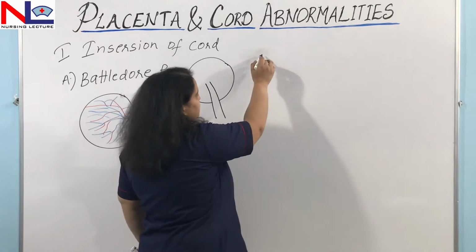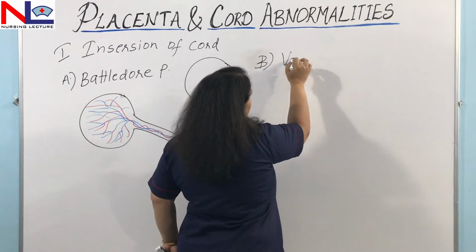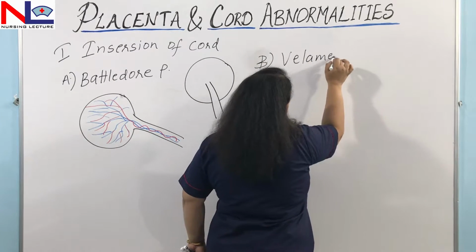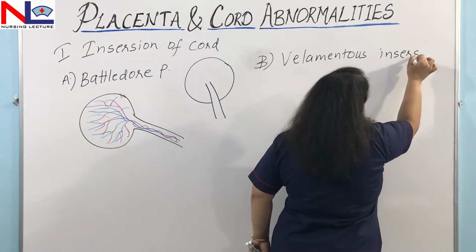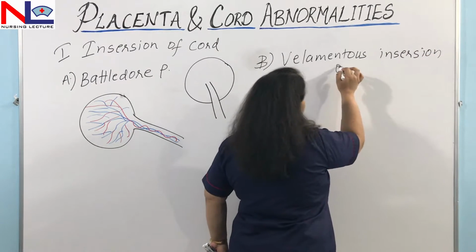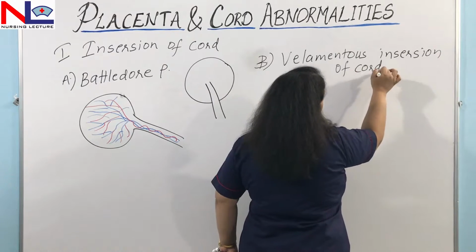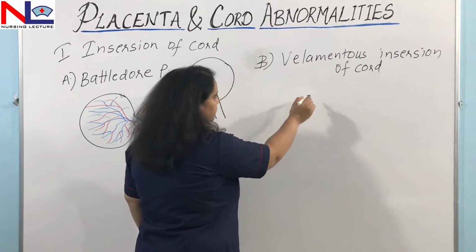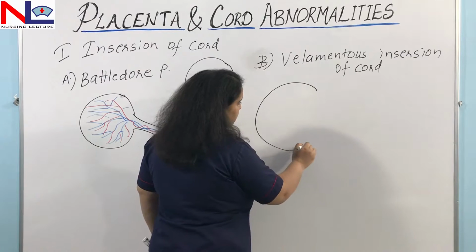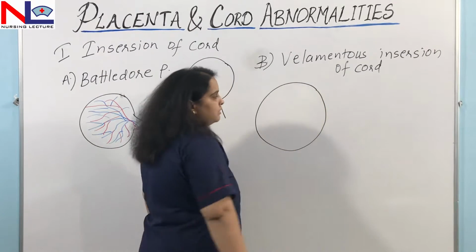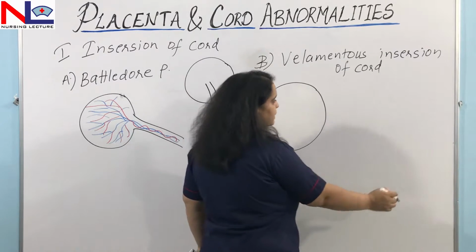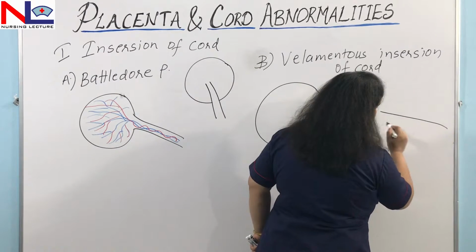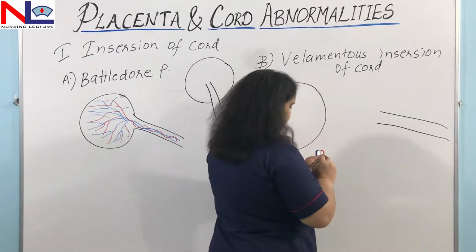The second variety is the velamentous insertion of cord. So what is happening in this condition? Here it is the placenta. The cord is not inserting from this chorionic plate or the fetal surface, whereas the cord is inserted through the membranes.